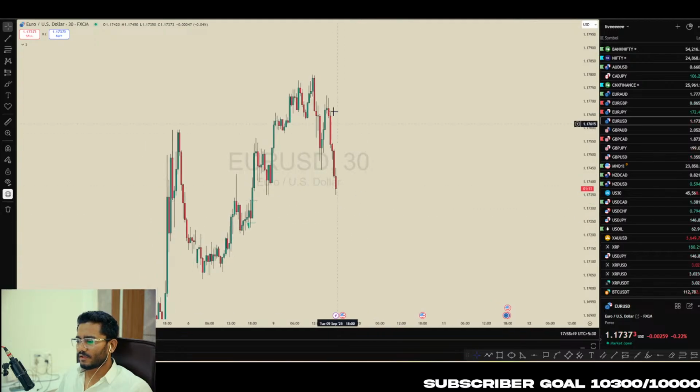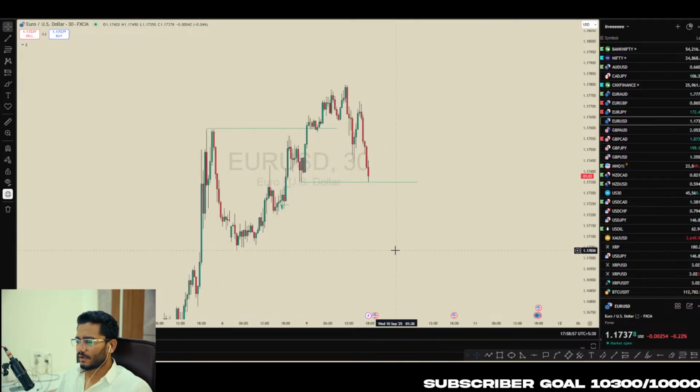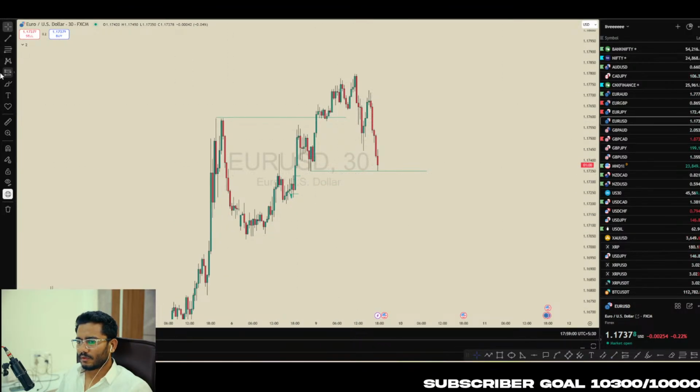So if DXY breaks that zone, then we could look for sell side. So this is an internal structure break, which is this one. Price created this trend line equity, still price failed to react from this. So it reacted and then broke the structure, creating an inducement. So we have this order block.